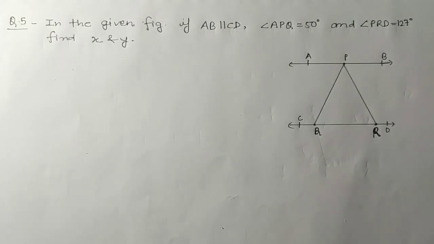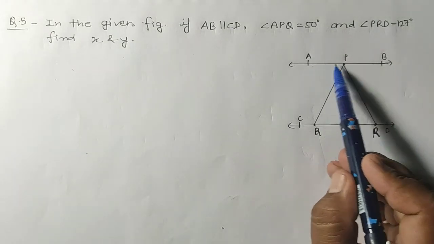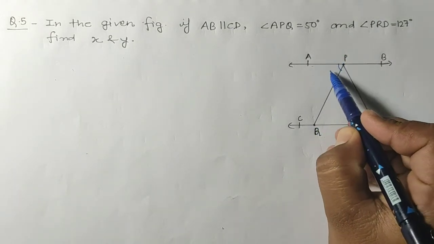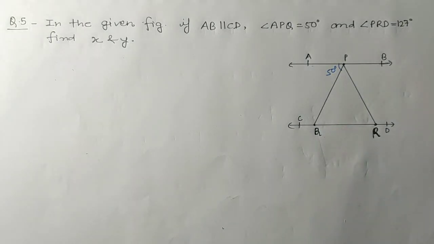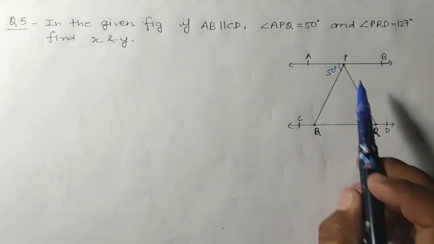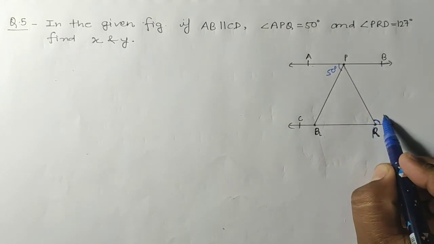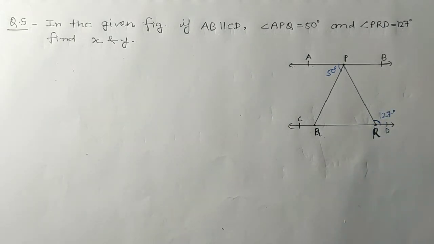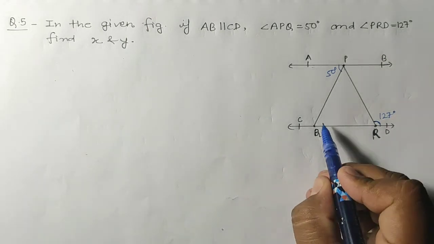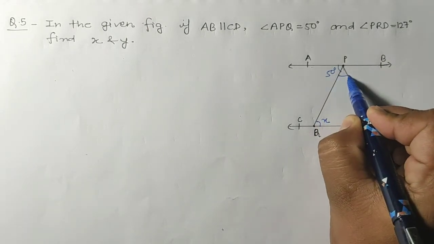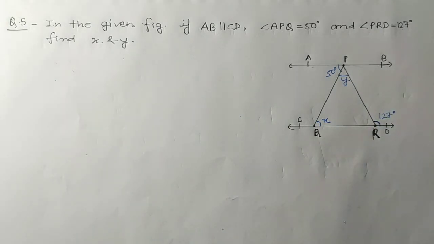The question is, in the given figure, if AB is parallel to CD, angle APQ is 50 degree, and PRD, this PRD means this is 127 degree, then we have to find X and Y. X is here in this question and Y is here. We have to find the value of X and Y. How will we find? Let us see.